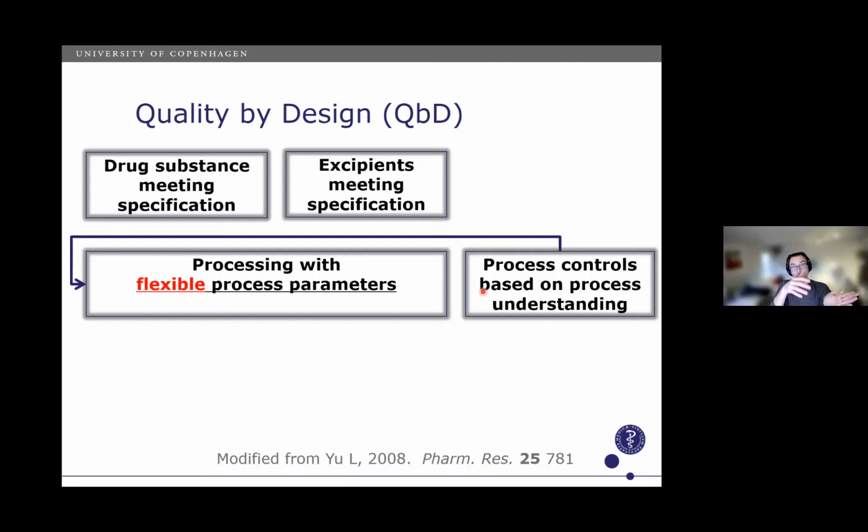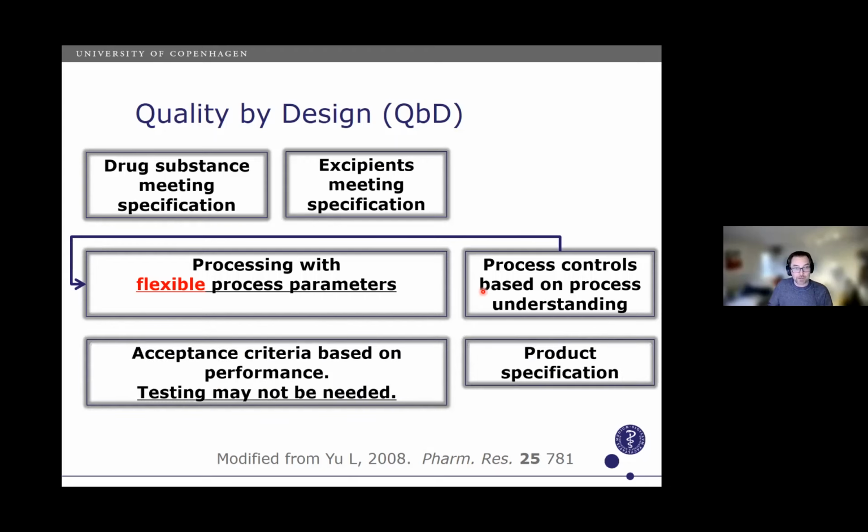So then you are allowed to increase the temperature. So there's flexibility in these process parameters. And that is the sole purpose of the quality by design approach. So the thinking is that you generate first enough process understanding, and then you understand where it is safe to operate. And then you allow the process more freedom to be changed if needed.